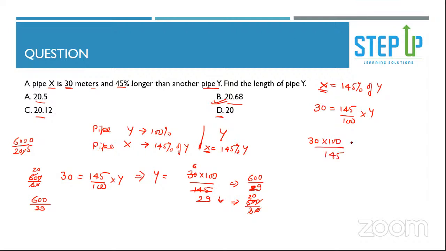Let's cancel it with 5. 5, 6, 30, 5, 2, 9. So 600 by 29. Your answer is 20.68. I repeat, they generally don't give options this close. It cannot be 20. These two options will not be there. Okay. Fine. Let's move on.